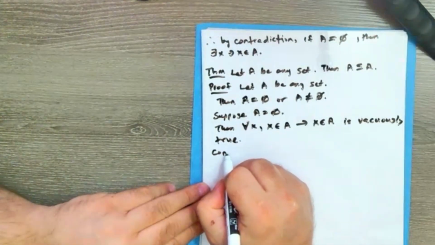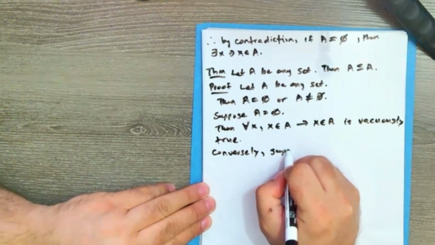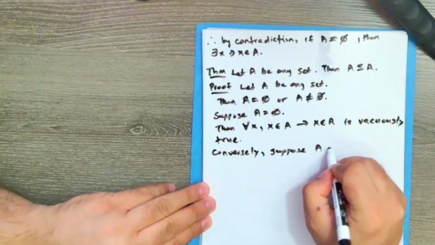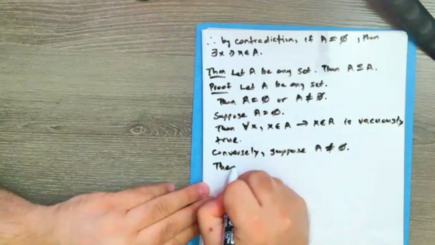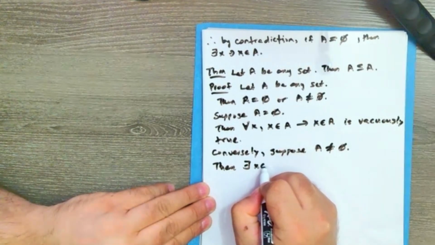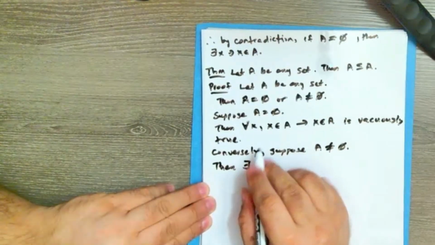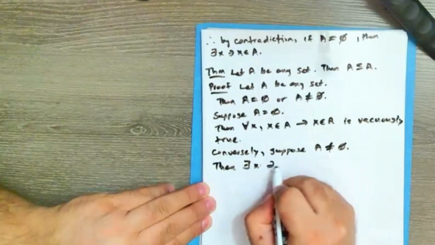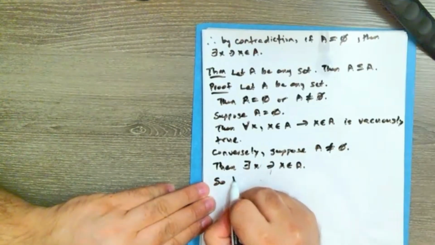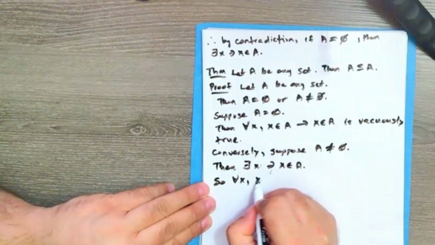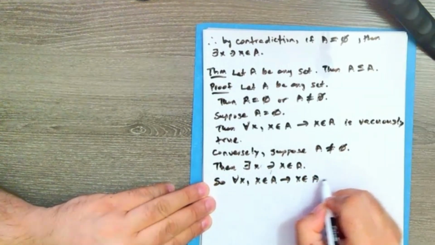So conversely, suppose that A is not the empty set, then there exists at least one element x such that x is in the set A. And so for every element x, the implication x is in the set A implies x is in the set A is true.